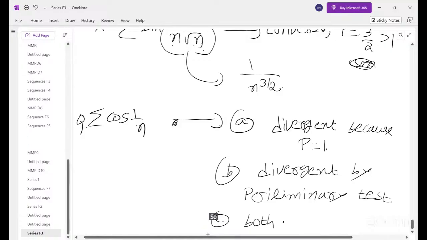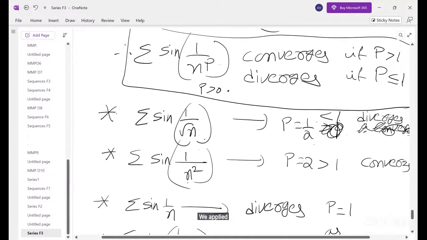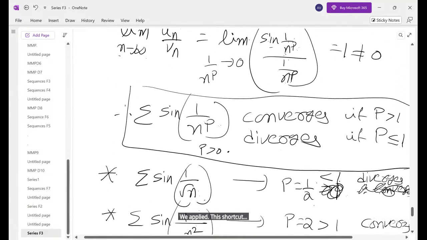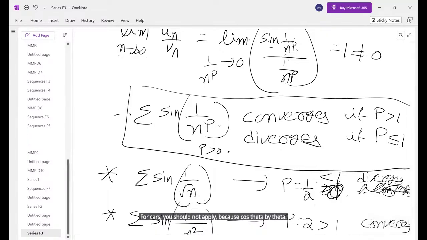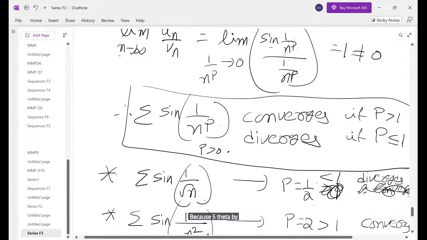Earlier, if it is sin(1/n), we applied the shortcut. This shortcut is only for sine. For cos you should not apply it, because cos theta by theta, limit theta going to 0, is not 1. It is applicable only for sine and tan, because sin theta by theta and tan theta by theta, limit theta going to 0, are 1.